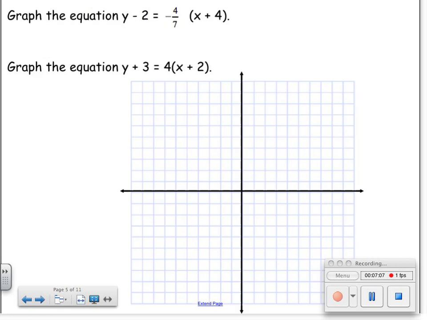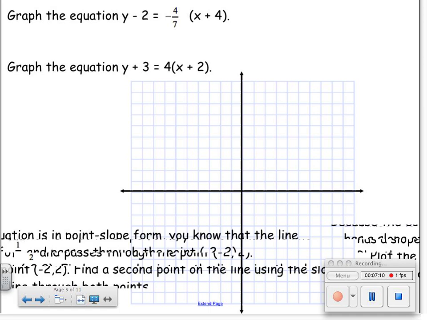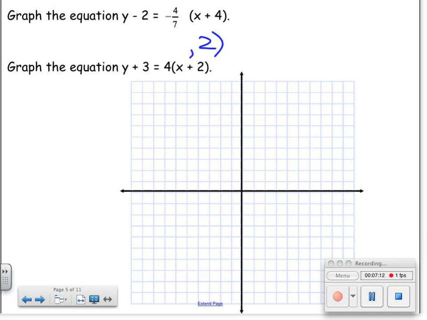Another equation here. What's the point going to be? Y's value is going to be 2, and x's value is going to be negative 4. And then we've got our slope. My slope is negative 4/7. So that means I go down 4, 1, 2, 3, 4, and every time I go over 7, 1, 2, 3, 4, 5, 6, 7.